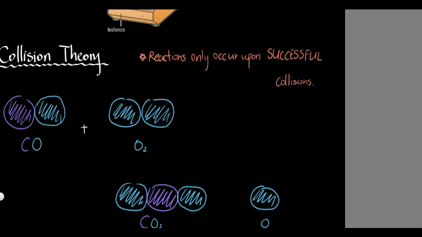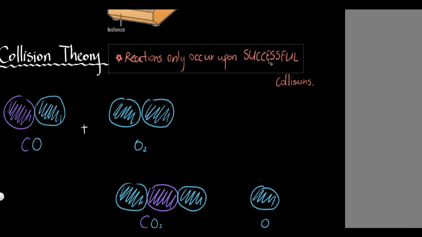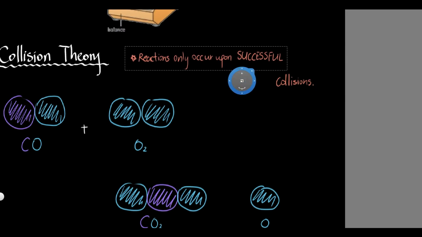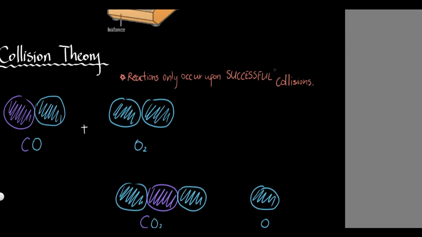What that means is that when these particles collide, because they are in such a random fashion, the reaction might actually not be successful. In other words, you might have collisions, but in general, nothing happens. So that is totally feasible.